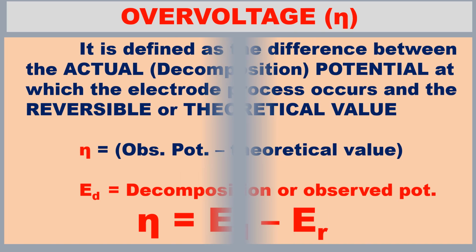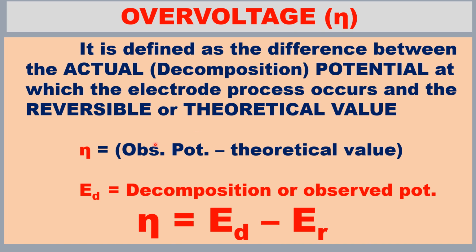Okay, overpotential is denoted by eta. It is defined as the difference between the actual observed potential at which the electrode process takes place and the reversible or theoretical value of that process.